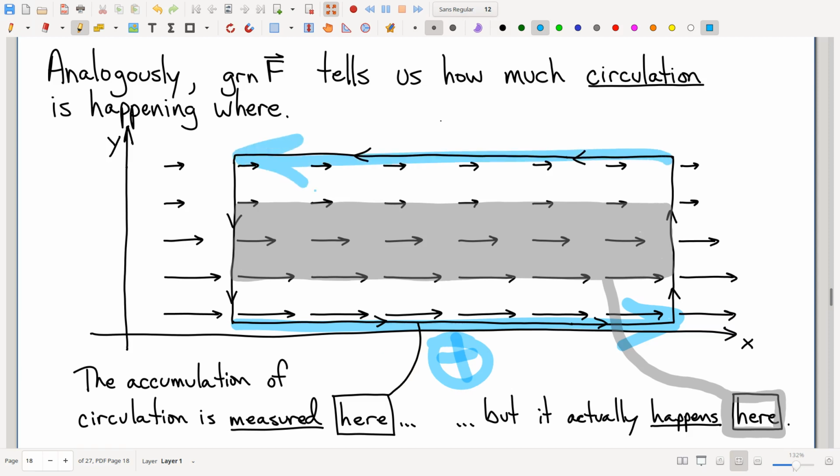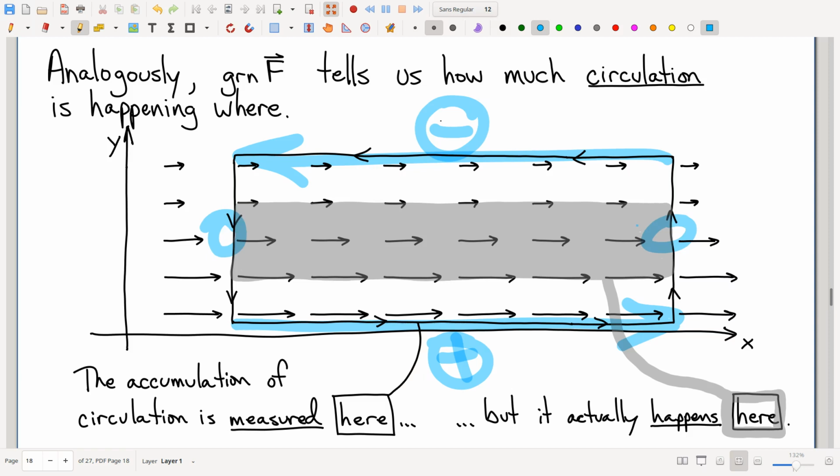Well, the top piece goes like that. Again, keep in mind counterclockwise and all that. The vector field still going that way, but our dx vectors are now going the exact opposite way, which means that the dot product is negative, and that means that the amount of line integral that we get up here is negative. So we have 0 on the left side, 0 on the right side, positive on the bottom, negative on top. How does that add up?